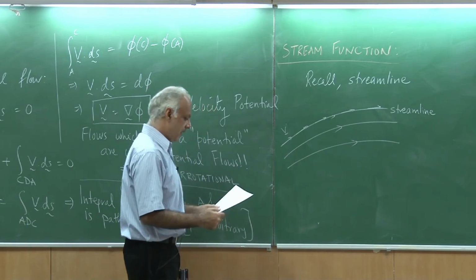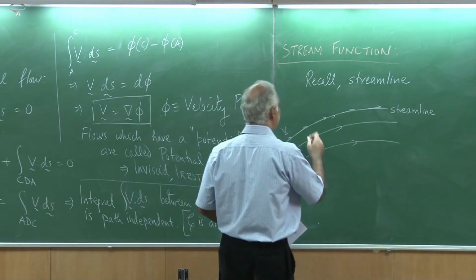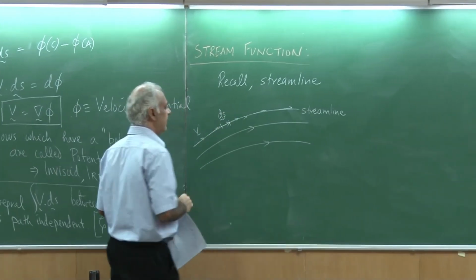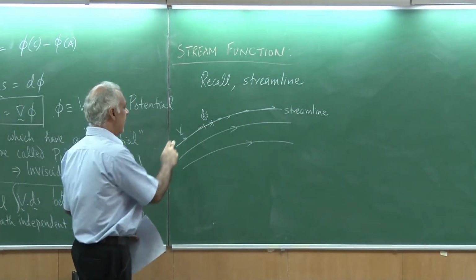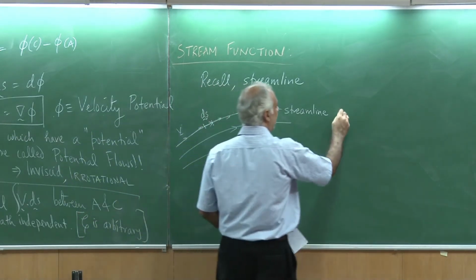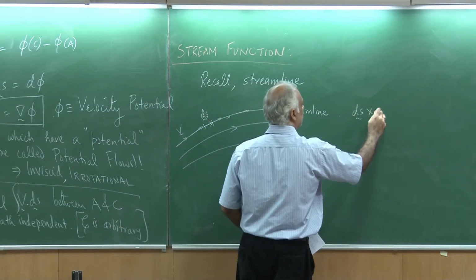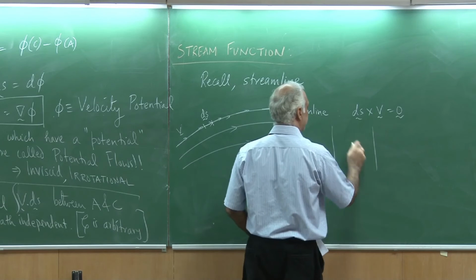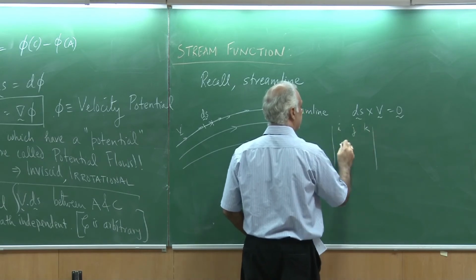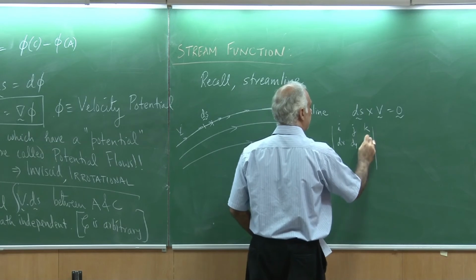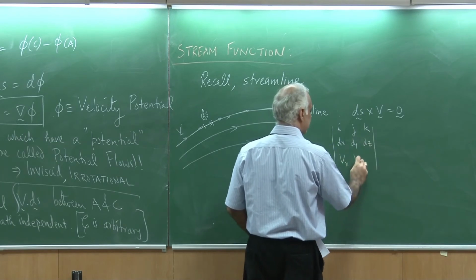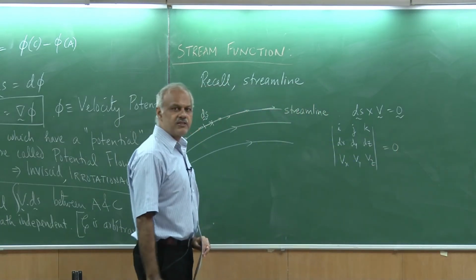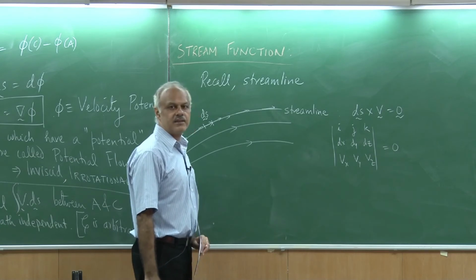Okay. Now, the way we defined a streamline, we had done this in an earlier session. If ds is a vector along the streamline and v is the velocity vector, then along the streamline ds cross v is necessarily 0, and therefore we were able to say that if I do i j k, dx dy dz, this is vx, vy, vz, this is 0, and this would give me the equation for a streamline.